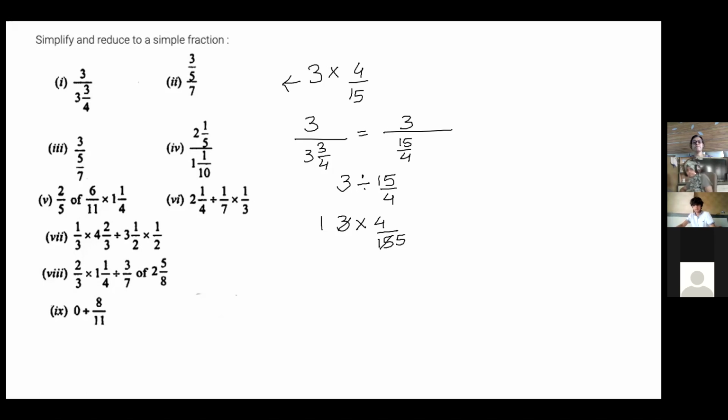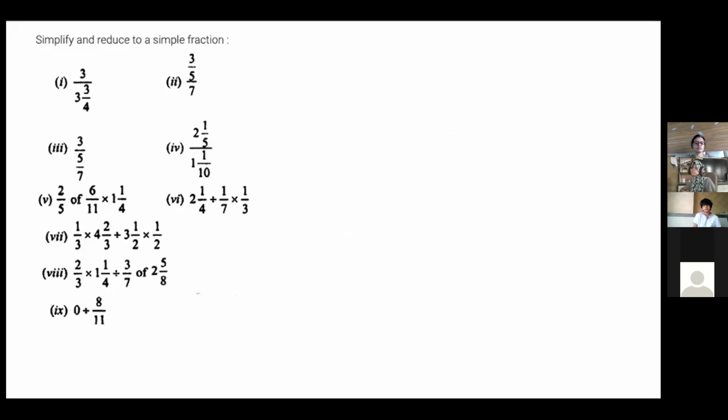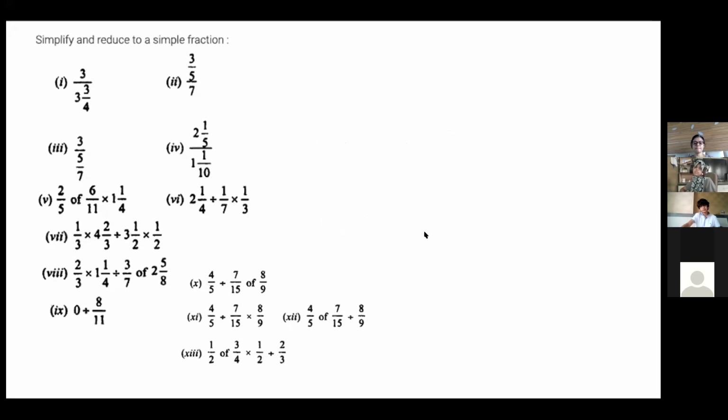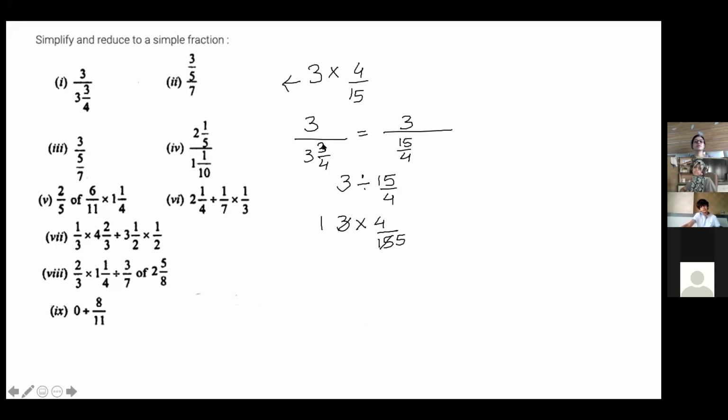3 by 5 by 7. Just a moment. The question is 3 by 5 by 7. Ma'am, it is also equal to 3 divided by 5 by 7, right?